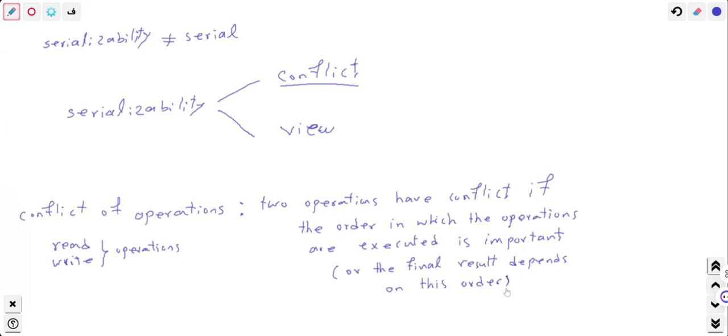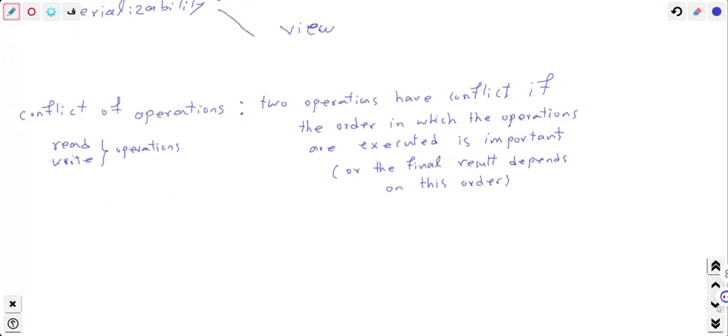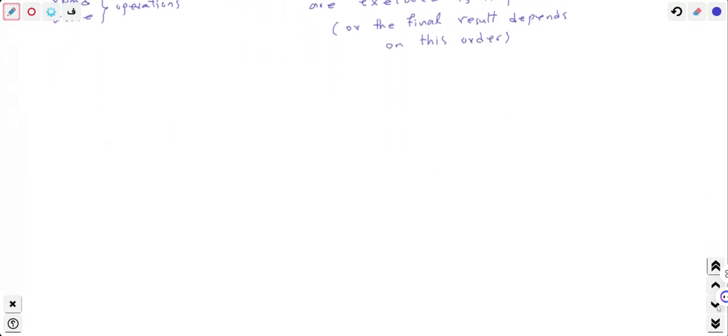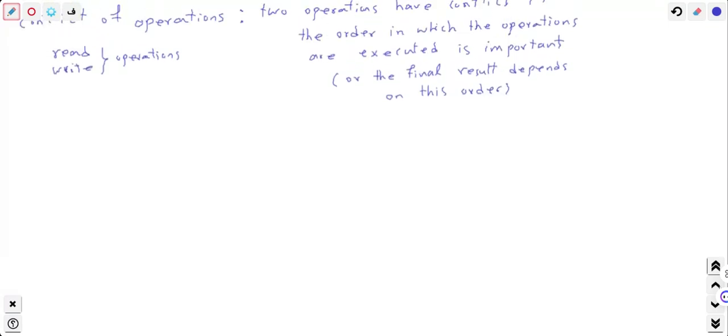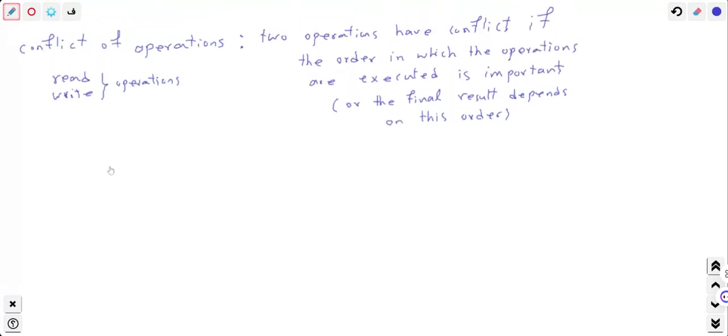Let me explain it by example. Suppose we have two transactions, Ti and transaction Tj.